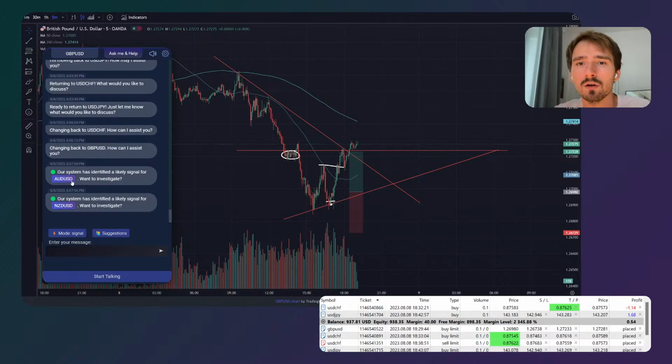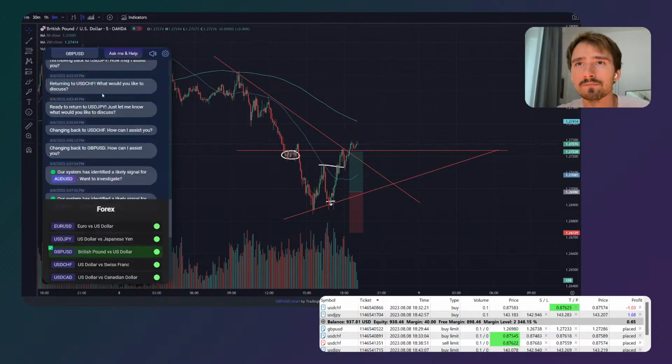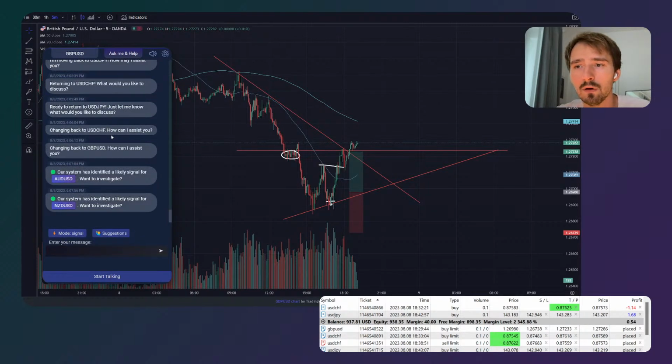Let's go, let's take a look. So honestly, I think the AI is good for 5 to 30 minute time frames trading. And then for long term, if you want to go for days, that's also good. You can switch here to long term analysis and just go with whatever she tells you. So that's good. But if you go shorter than 5 minutes, it starts to get messy.